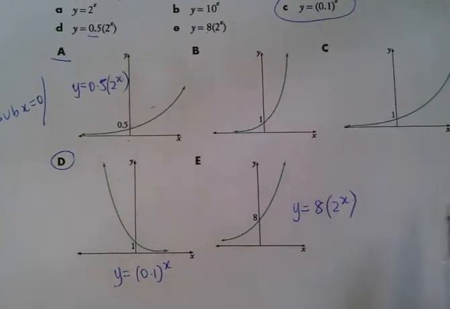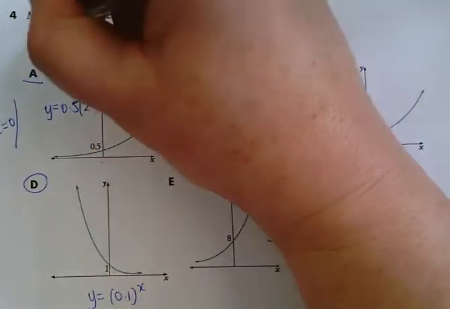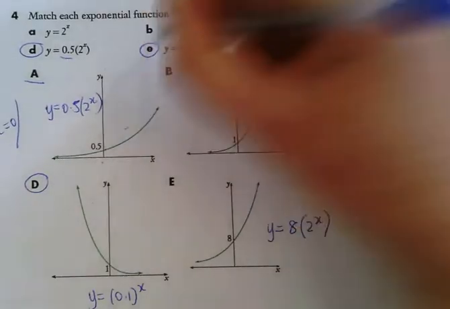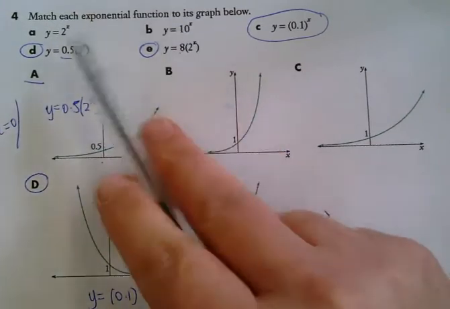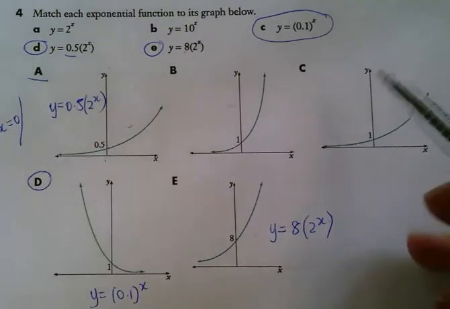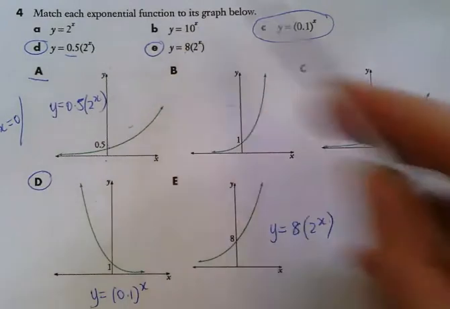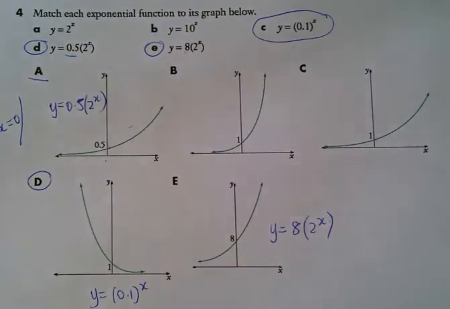Now we're left with two more. So we've done this. We've done this. We've got to choose between these two. 2 to the power of x and 10 to the power of x. When x is 0 for both of them, you get 1. But you might want to substitute x is 1 into both.